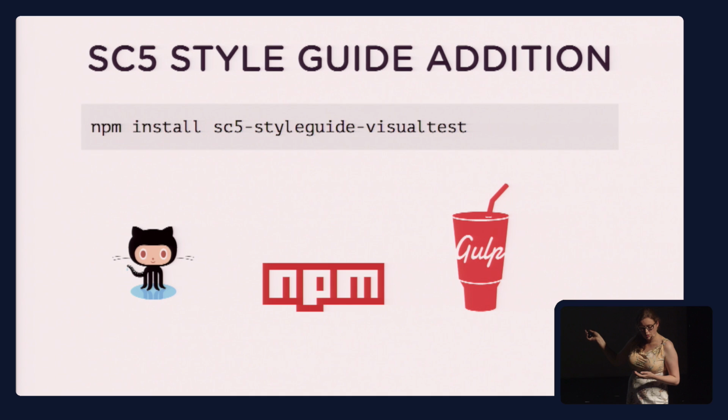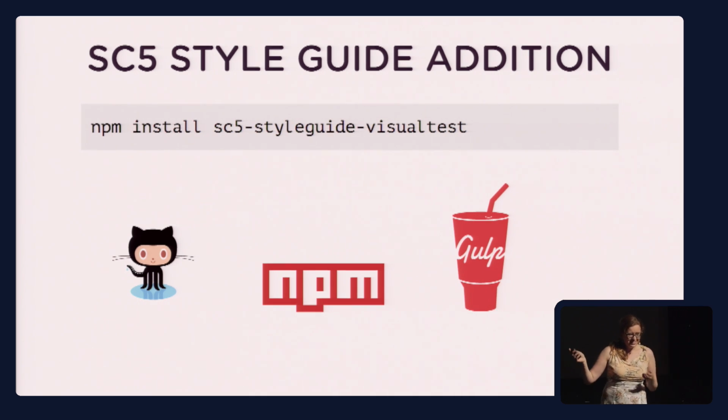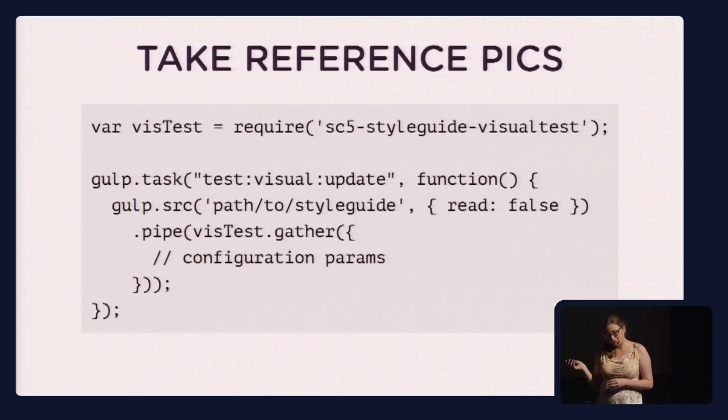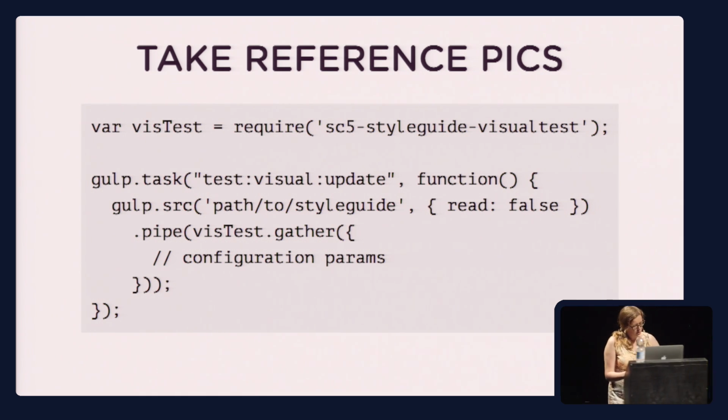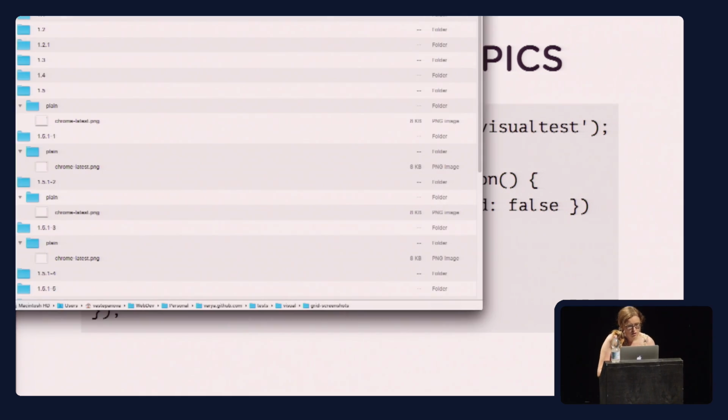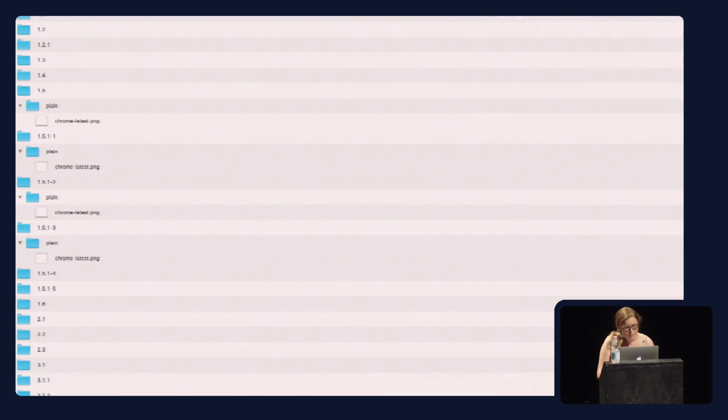it's like Smoothie, Gulp, NPM, GitHub, all the buzzwords. And then if using Gulp, it's possible to make two tasks. The first one is for taking these initial reference screenshots. You run it once, and then you have these images of every component. I can show you. So here it is.